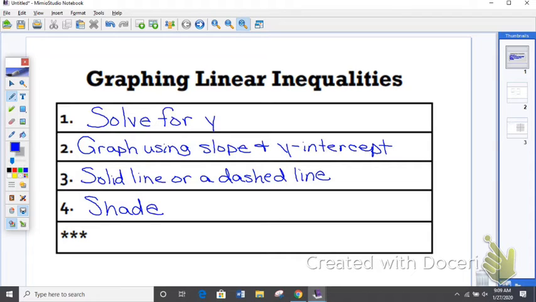And then this last piece where we see those 3 asterisks, just a couple of reminders again from graphing. Okay. If we don't have something in slope-intercept form because we don't have both a y and an x, we know that if we have just y equal to a number, we have that horizontal line.